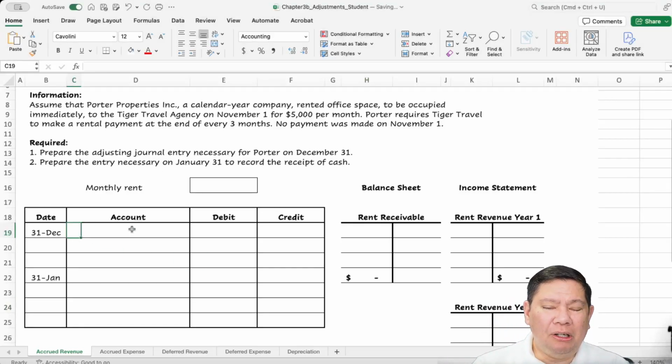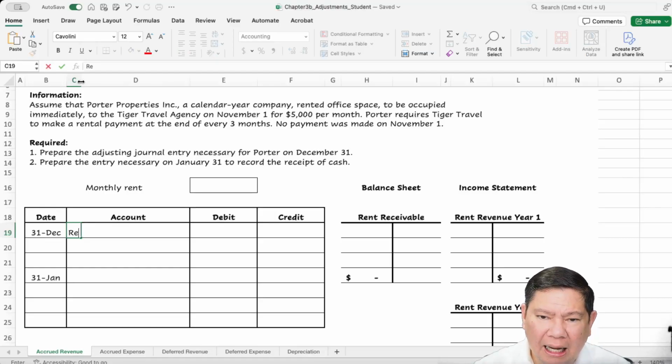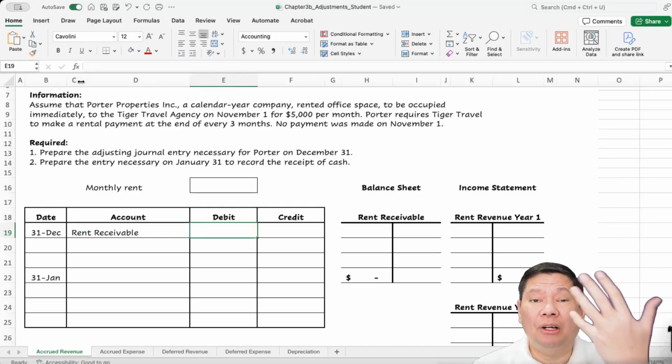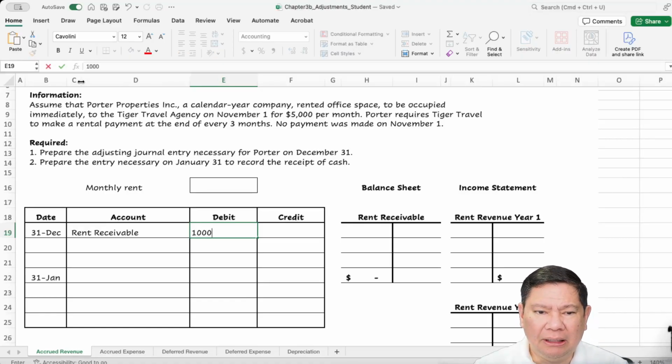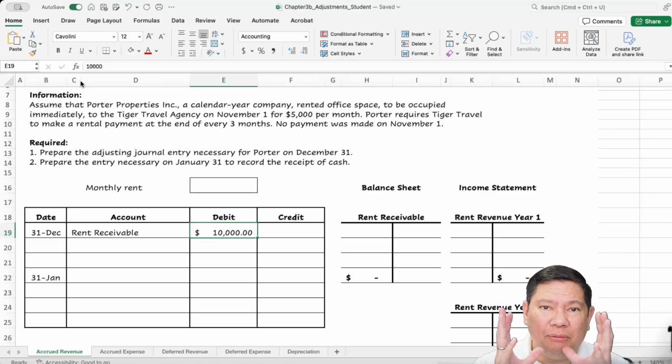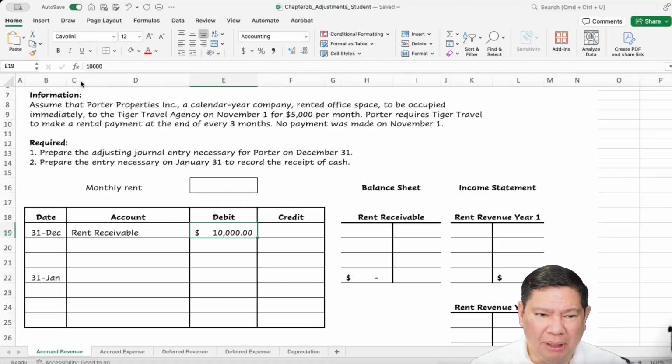Okay, but because we're not going to be receiving the payment until the end of January, we are going to recognize rent receivable, suggesting that we are going to receive that in the future, $10,000. Now, this is only for November and December because that's the revenue that the company gets from the rental for the December and November.